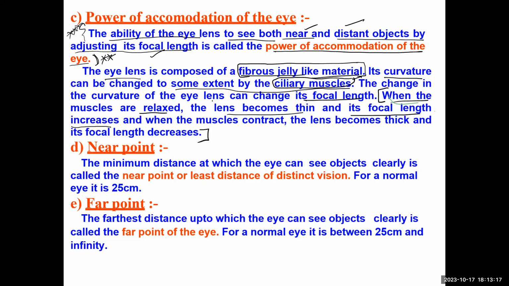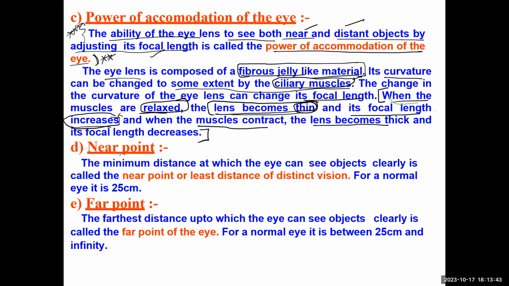Once the lens becomes thin, what will happen? The focal length will increase. This is about how the focal length increases. Now, when the muscles are contracted, the lens becomes thick.